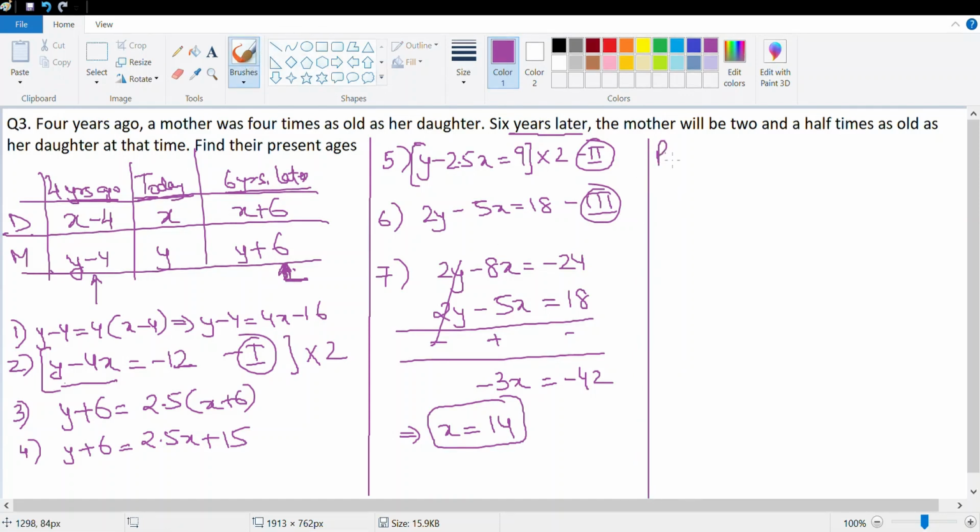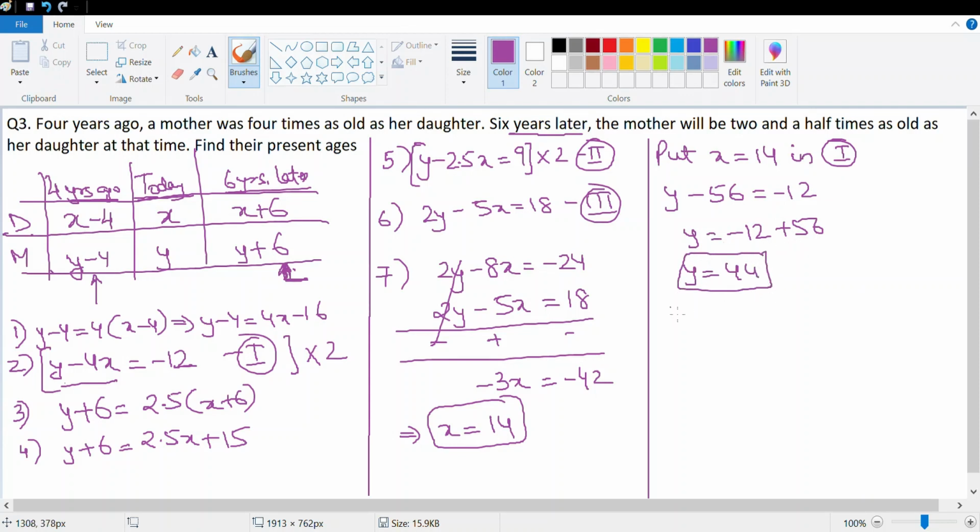So put x is equal to 14, let's say in equation number 1. And what we get is y minus 4 into 14, that's 56, is equal to negative 12. y is equal to negative 12 plus 56, which is y is equal to 44.